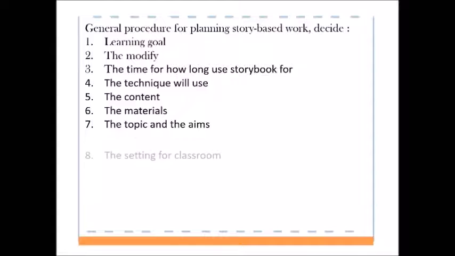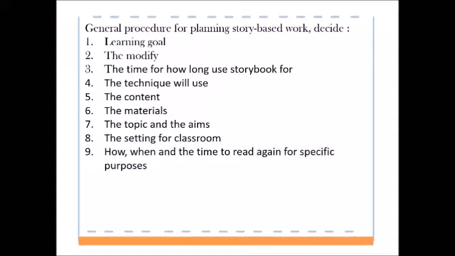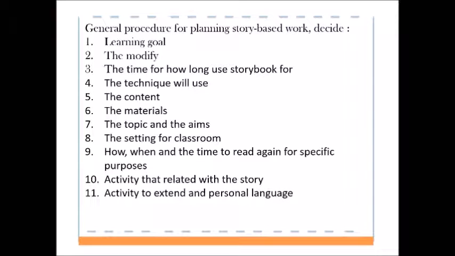Then decide the setting for the classroom, decide when to read again for a specific purpose, decide activities related to the story, decide activities to express personal language, and the last is decide how to check and evaluate the children.